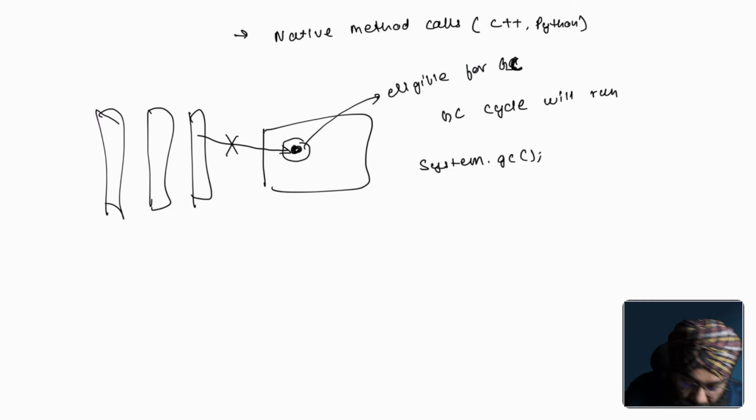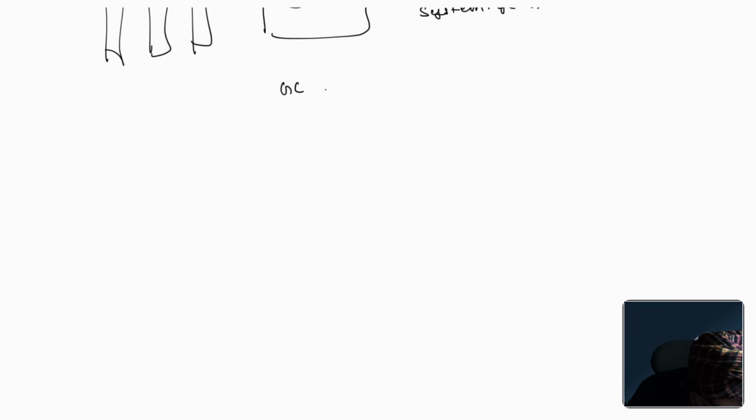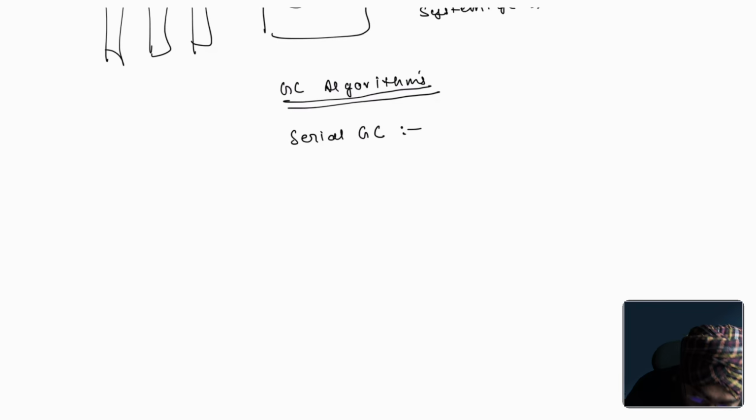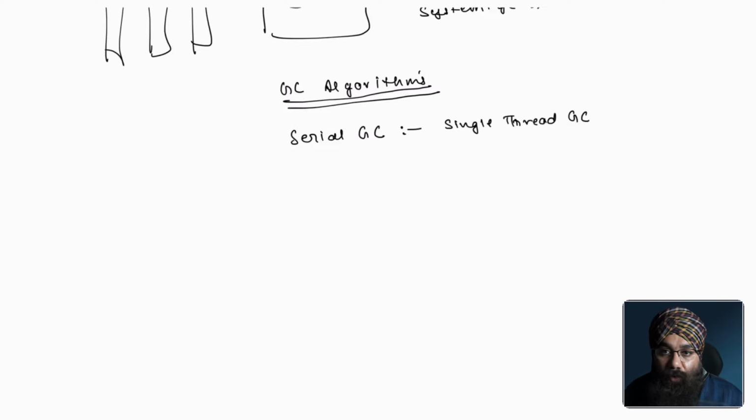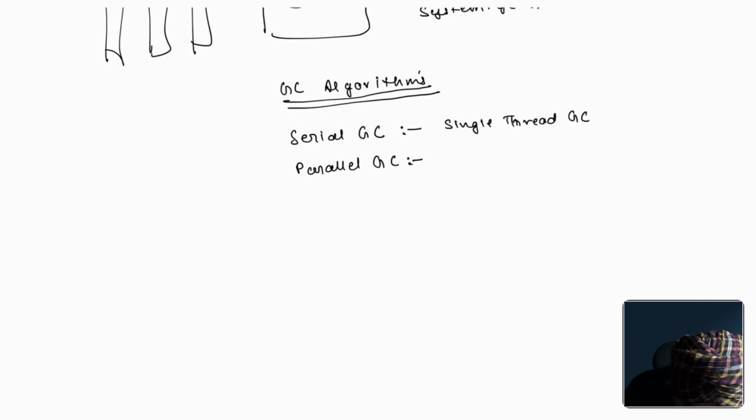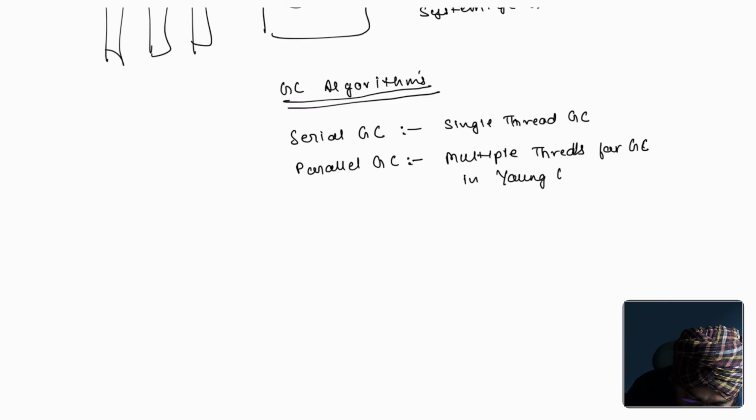There are many garbage collector algorithms. The first one is the serial garbage collector. It is a single threaded garbage collector, suitable for small applications. Then there is the parallel garbage collector. It runs multiple threads for garbage collection in the young generation.